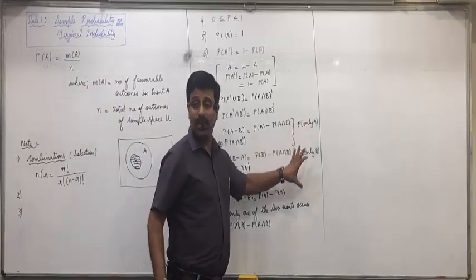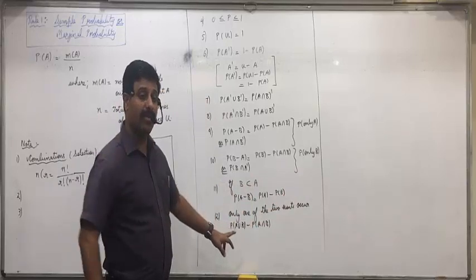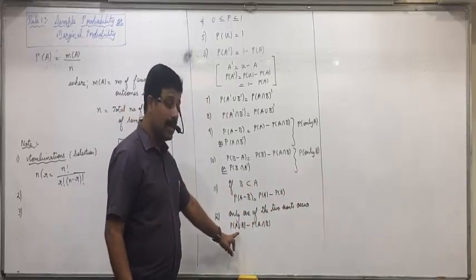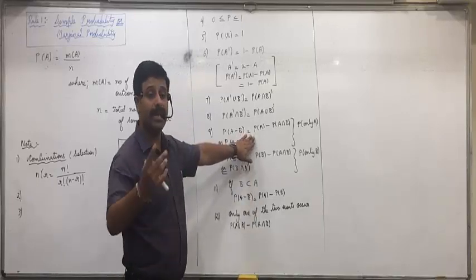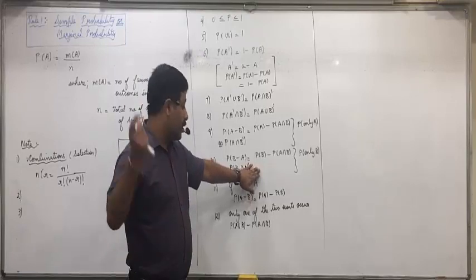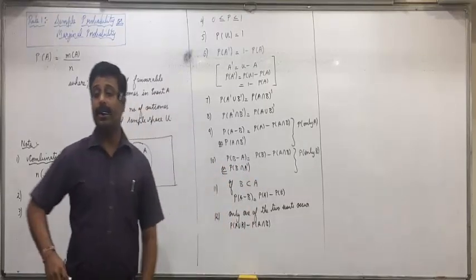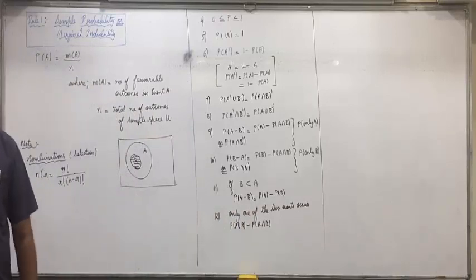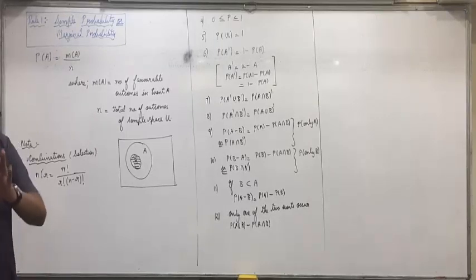It's a mixture of both. So only if the language comes as only one of the two events occur, then what formula will you use? A union B minus A intersection B. Here only A is P(A) minus P of A intersection B. Here only B is P(B) minus P of A intersection B. But only one of the two events occur, then P of A union B minus P of A intersection B. Okay. When we come across the questions, I'll explain with detailed logic also why it is so. But remember these notes throughout the chapter.